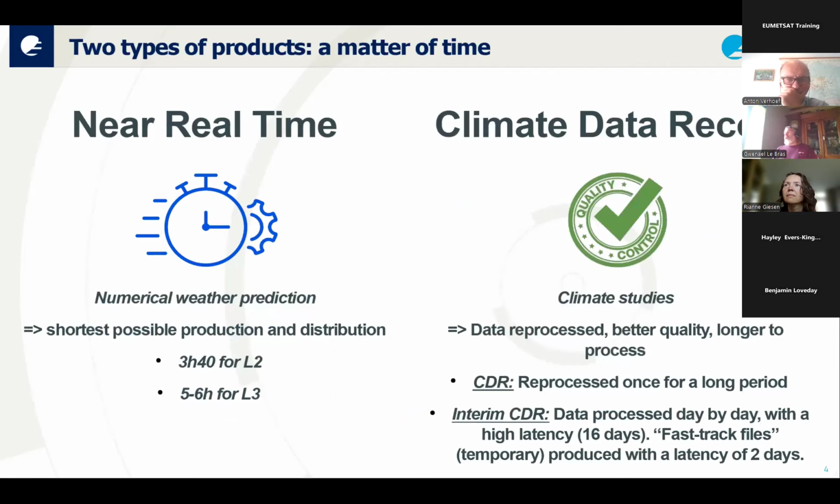The first main topic that is important to keep in mind when you're going through the catalogs of EUMETSAT and Copernicus is that we have 2 big types of data. You will meet the near real-time data and the climate data record. First, the near real-time data. EUMETSAT's core function is to produce data for meteorological use, where the production time is crucial.